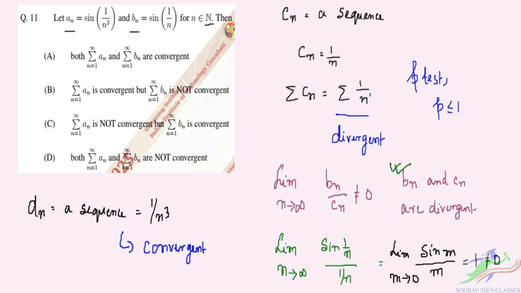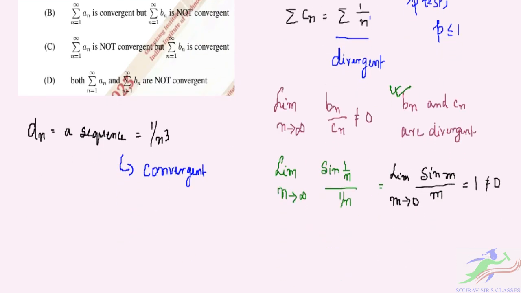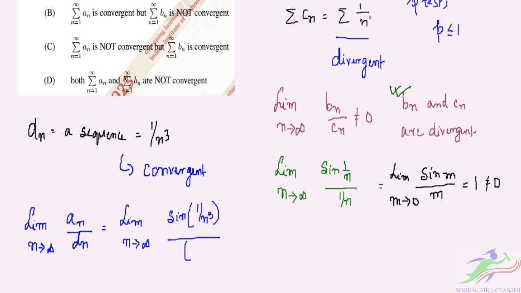So if we take the limit as n tends to infinity of a_n by d_n, we have the limit as n tends to infinity of sine of 1 upon n cube by 1 upon n cube.